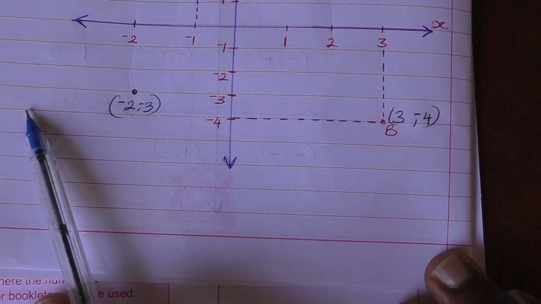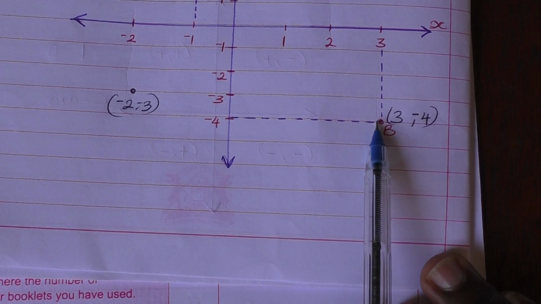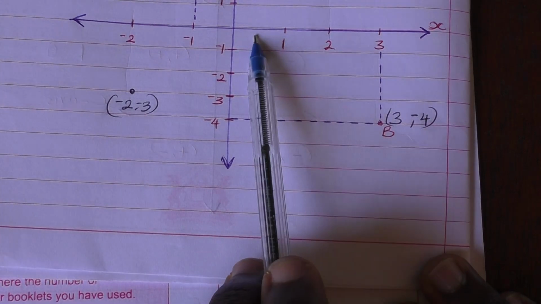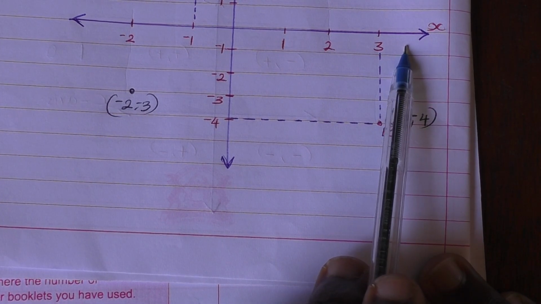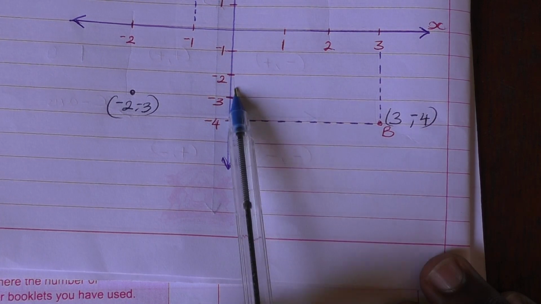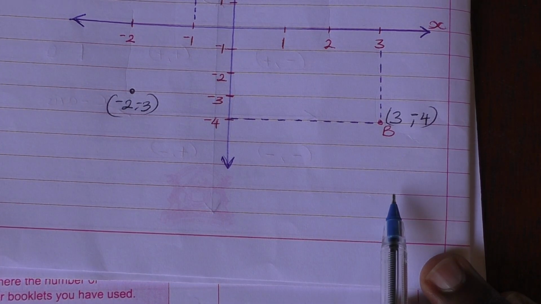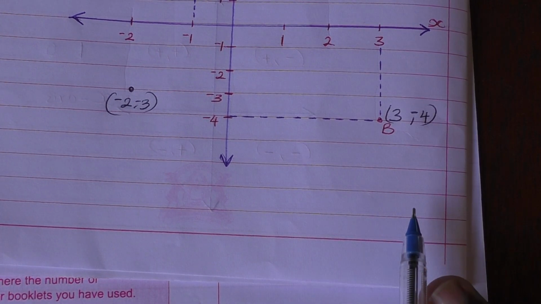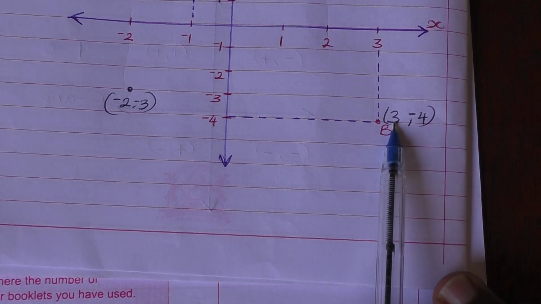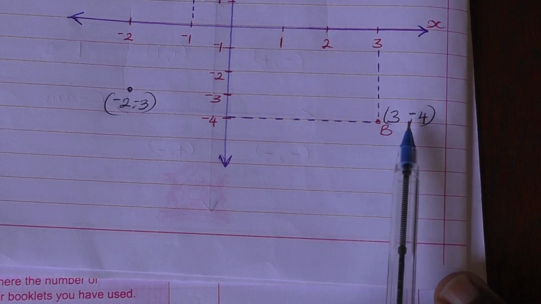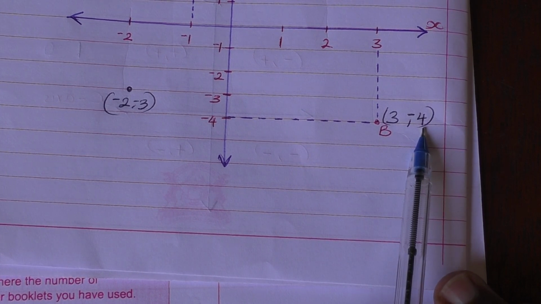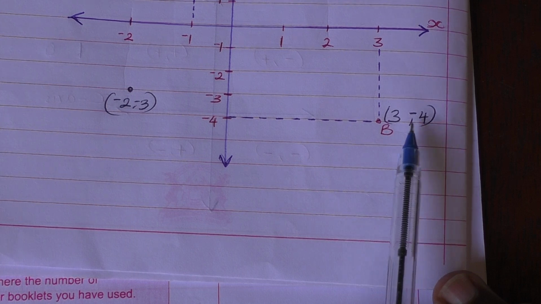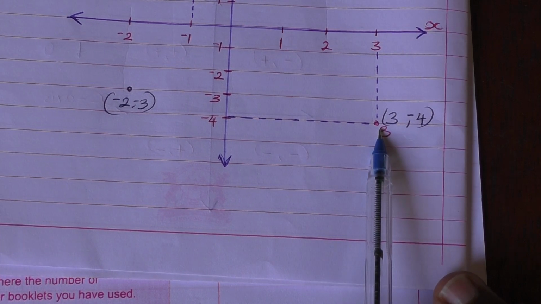And we have the fourth quadrant, where the x coordinates are positive and the y coordinates are negative. That is, if we are given a point whose x coordinate is positive but the y is negative, that point is plotted in the fourth quadrant.